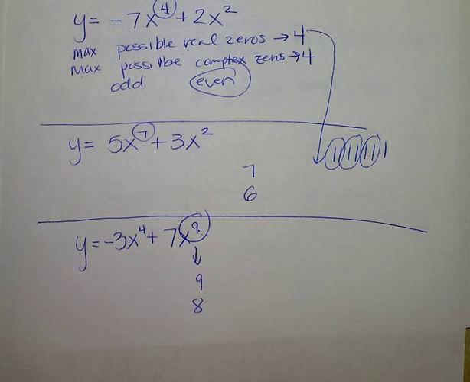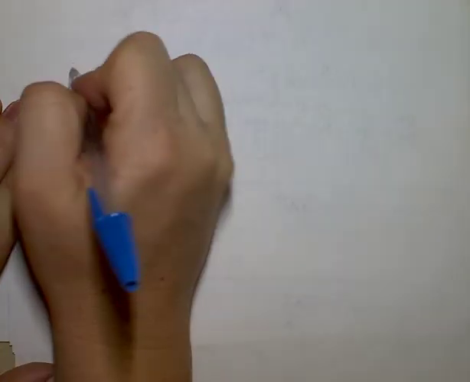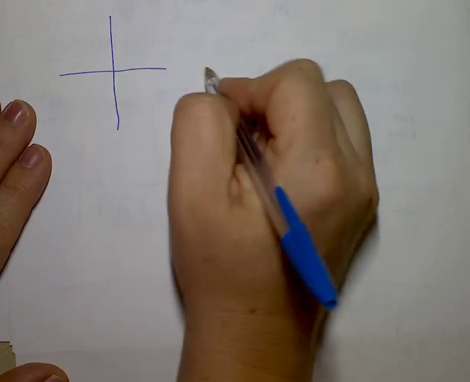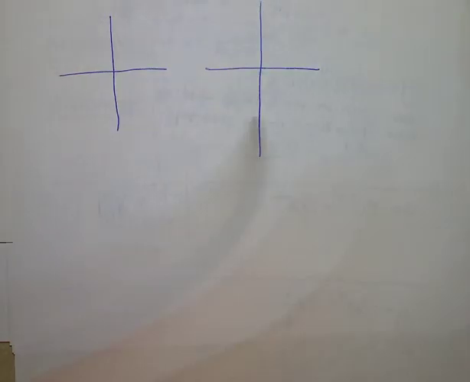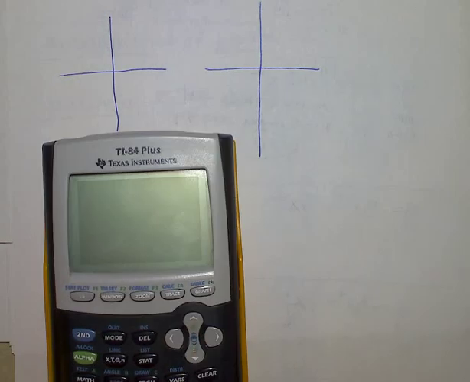Okay? 2 more concepts for this. So I'm going to flip my paper over. Grab your graphing calculator, please. Do second plus 712. Okay, so we're going to start with a basic even function.